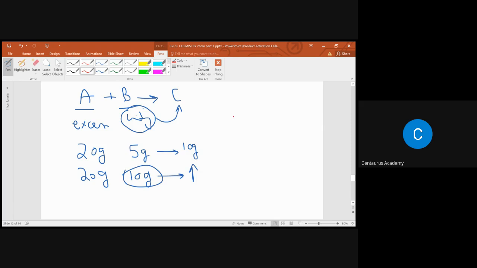Yes. For instance, if you have sodium, which reacts with sulfur, how do we find out what will be formed if sodium reacts with sulfur? A sulfide is formed, sodium sulfide. Can someone tell me its chemical formula?